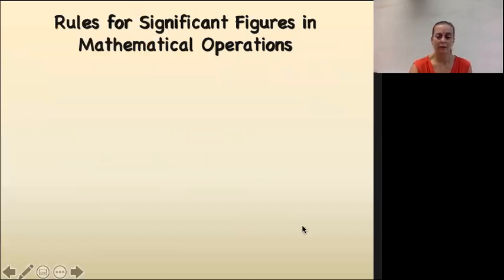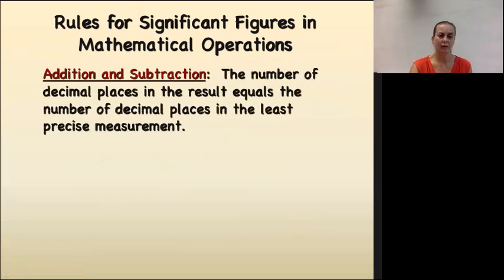So here's the one that's a little bit more challenging. Addition and subtraction. The number of decimal places in the result is equal to the number of decimal places in the least precise measurement. Notice now that we're not counting significant figures, but decimal places. So if we look at 6.8 plus 11.934, this number is less precise than this number because this one is only estimated in the tenths place.